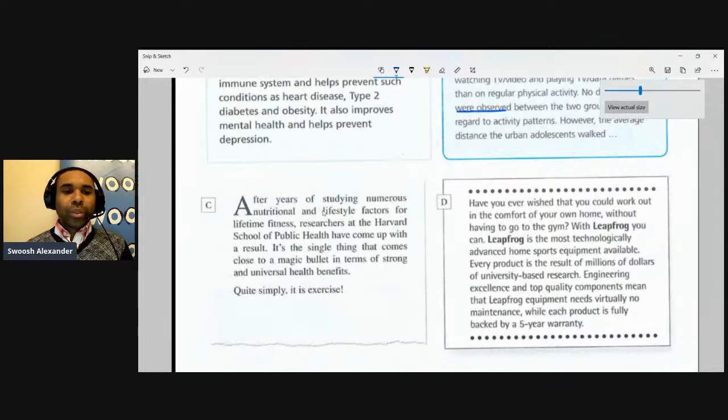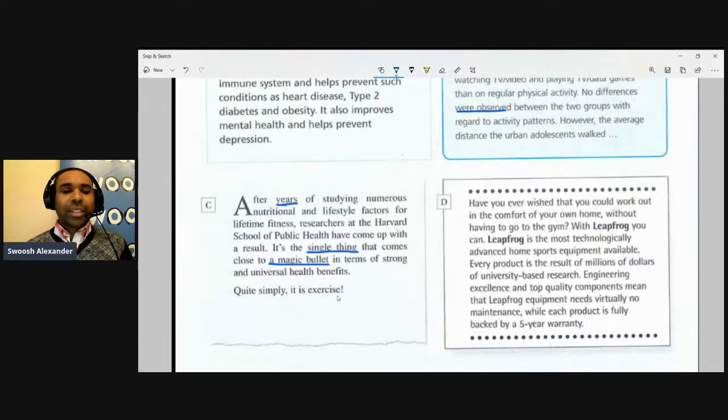So the style here is much more informal, isn't it? After years of studying, it's quite imprecise, it's not specific, we don't know how many years. The single thing, so the use of thing, that expression is quite informal. A magic bullet, again, it's pretty informal, isn't it?